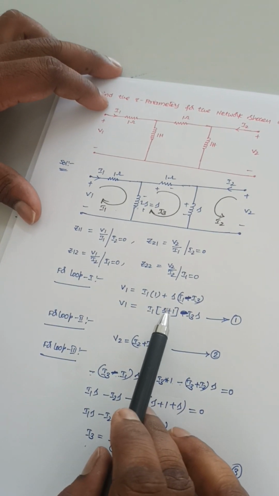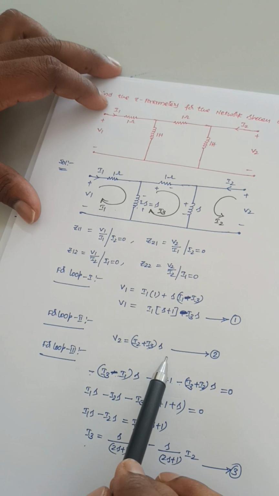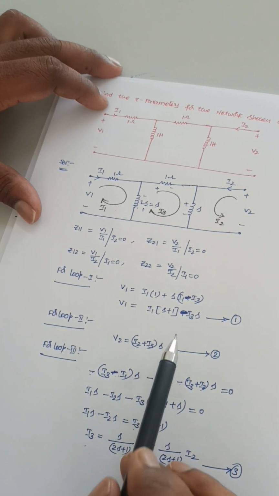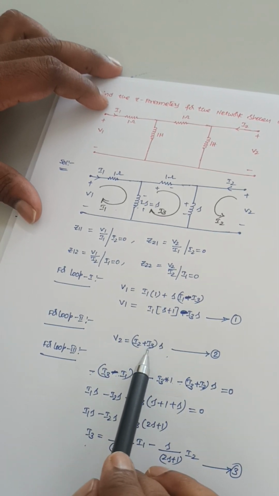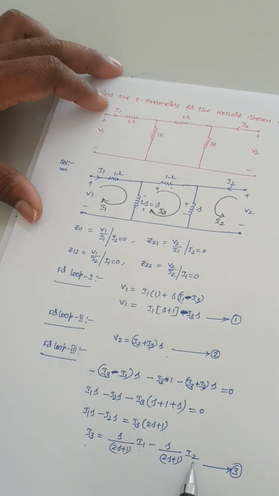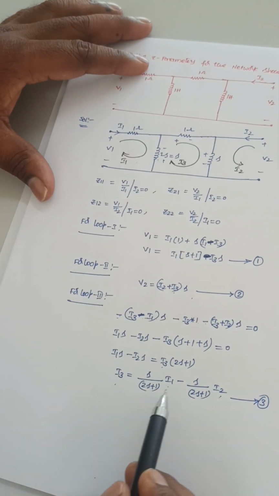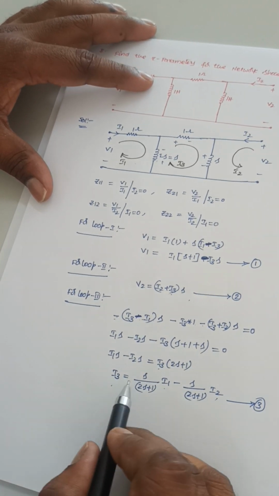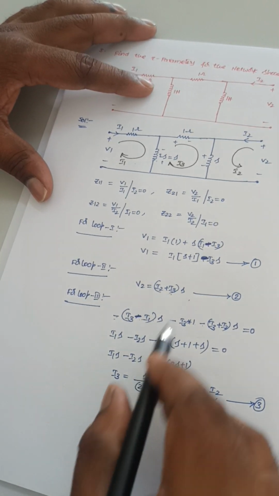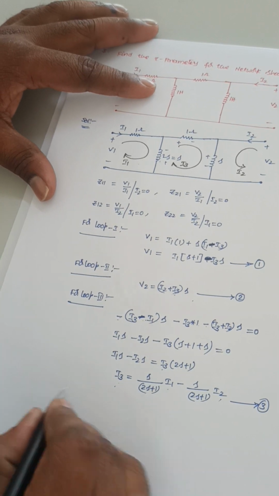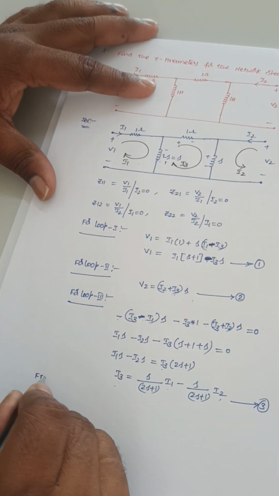So I need to convert these equations into V1, I1, V2 and I2, replacing I3 with its expression in terms of I1 and I2. Because of that reason I wrote this I3 equation. So let me substitute this I3 in equation 1.